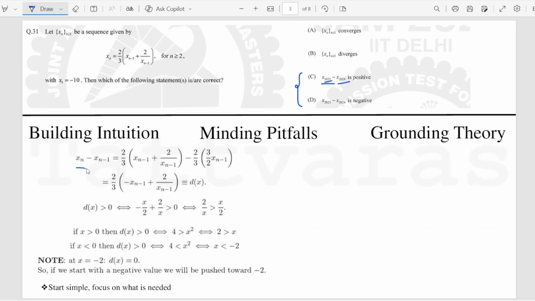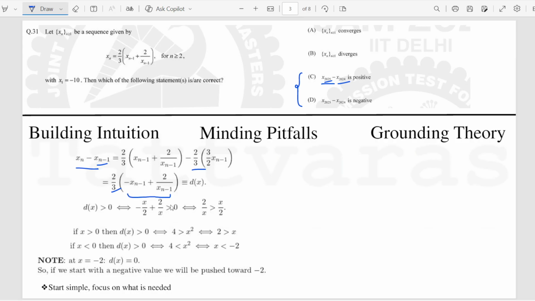So we can take the general difference of two successive terms and notice that x_n minus x_(n-1) is written like this. The reason being, it can be factored in with this 2 by 3 over here, and we have a form like this.